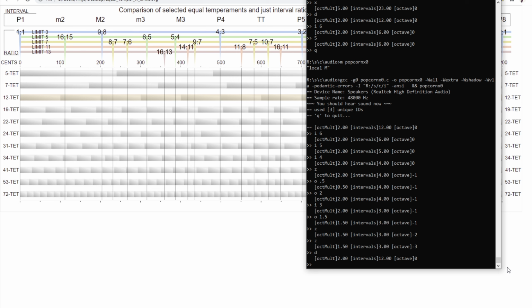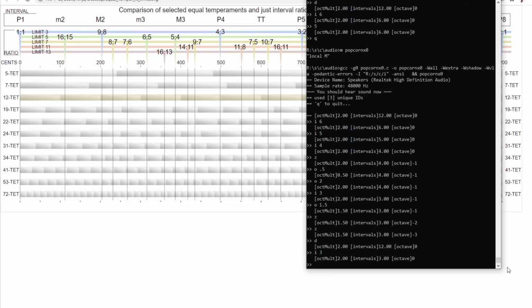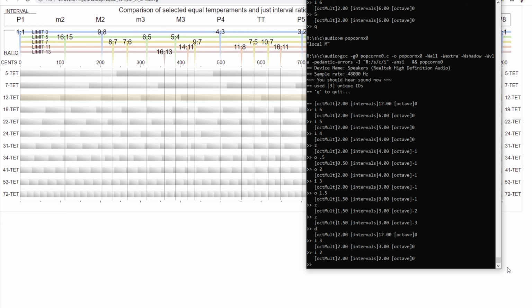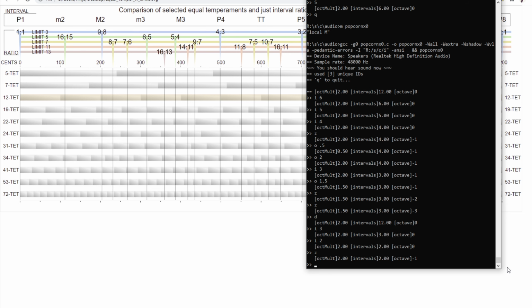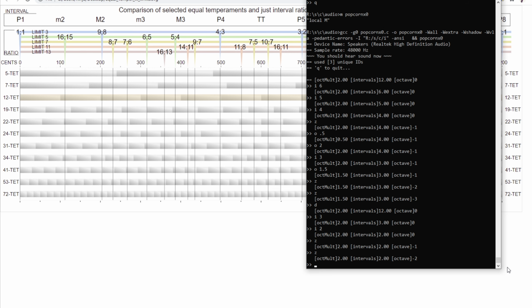And yeah, we can also, we had 3, we can have 2. That's quite crazy. Yes, not even that melody anymore. It starts to be kind of painful.